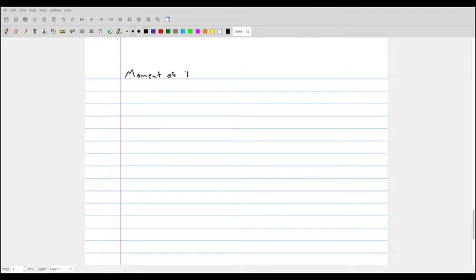So the last application that we'll talk about is what's called the moment of inertia of a given region. We'll start by reviewing that we can actually find the moment of inertia about any line.